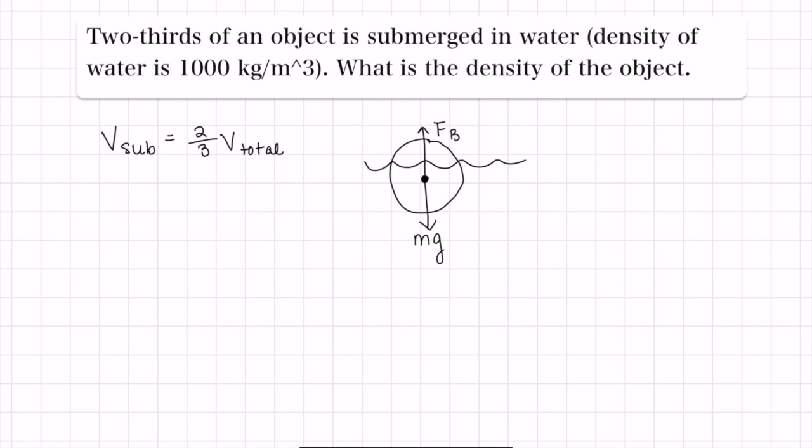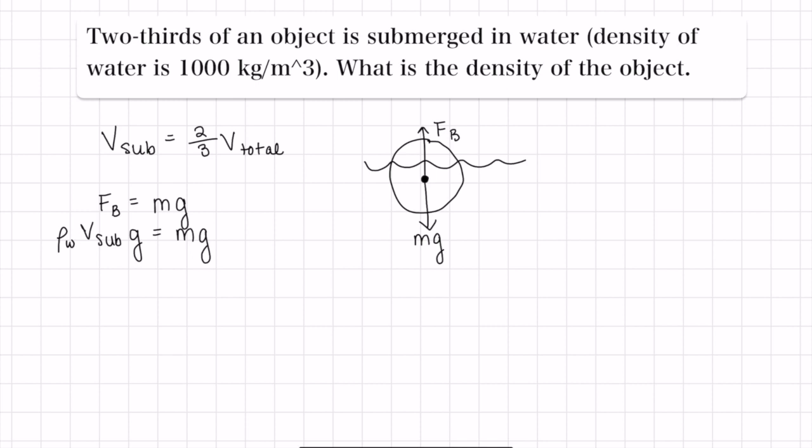So we can say that the buoyant force is equal to mg, and then we can substitute in that the buoyant force is the density of the fluid that we're in, which is just water, times the volume submerged, times gravity, equals the mass of the object times gravity.